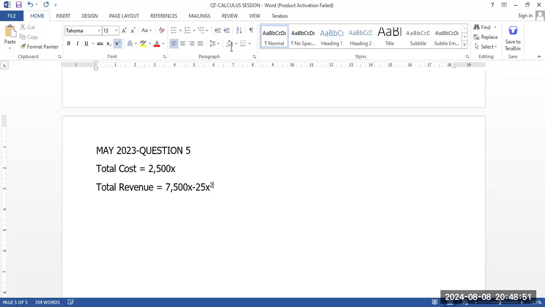Okay, so once you have those two, life becomes very easy. Remember, to get your profit, profit is equal to total revenue minus total cost. So what is your total revenue? It is 7,500x minus 25x squared.